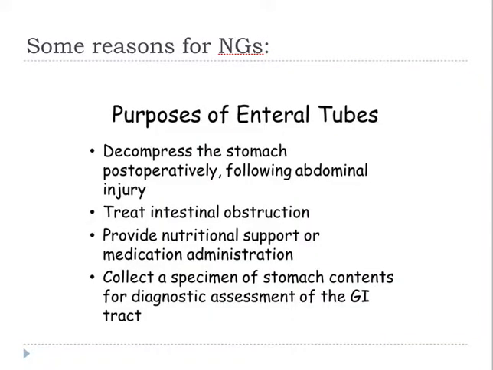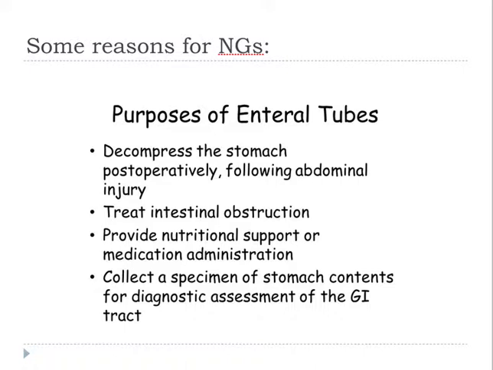So from there, we switch over to some NG information and some reasons for NGs. We can use NG tubes to help with decompression. Like if your patient had an abdominal surgery, the bad thing is that our digestive system wants to keep working no matter what's going on, but sometimes we want our digestive system to rest, and or decrease production of secretions.